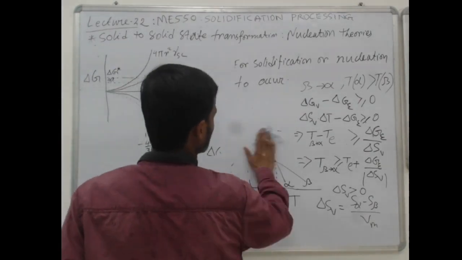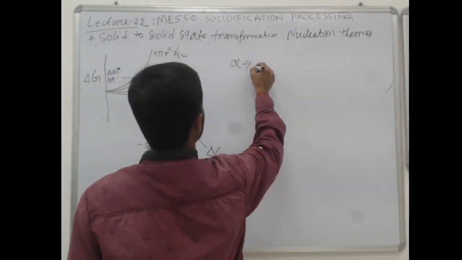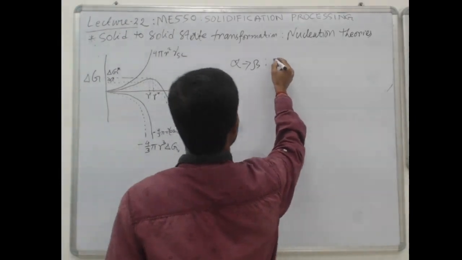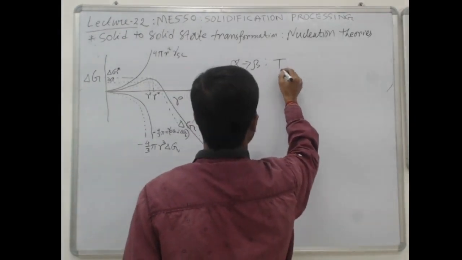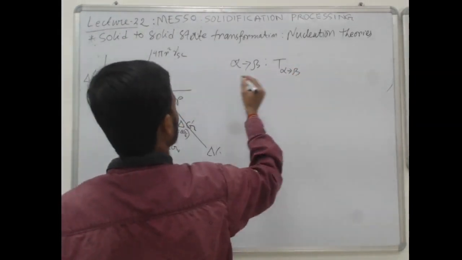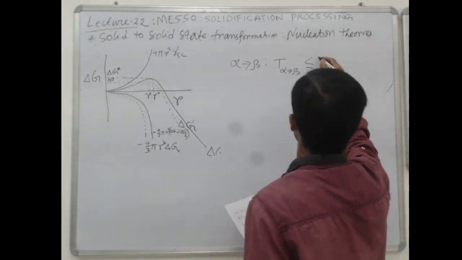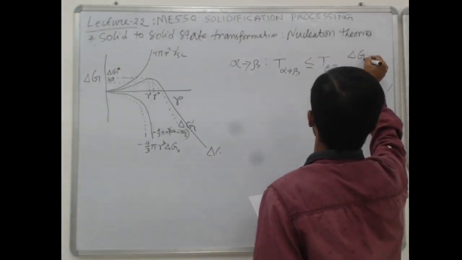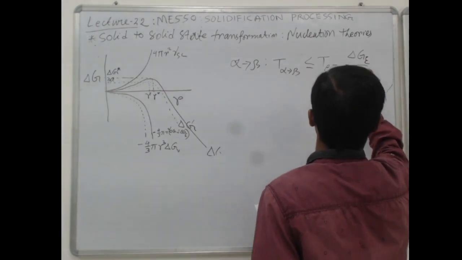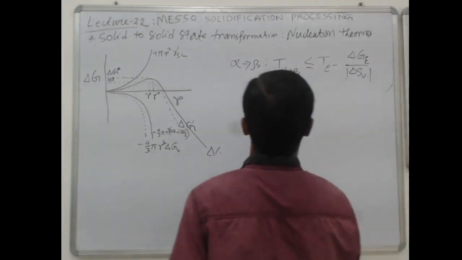In summary, we can write for alpha to beta, T alpha to beta will be less than or equal to T_E minus delta G_E by delta S_V modulus.